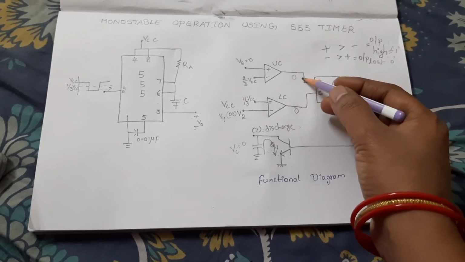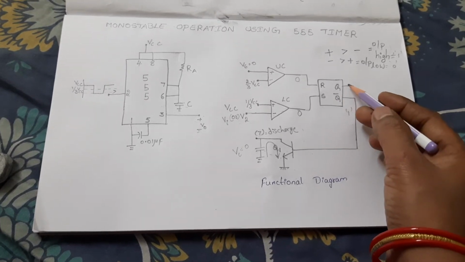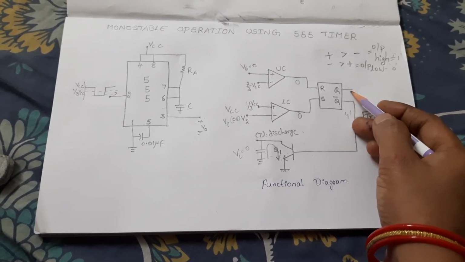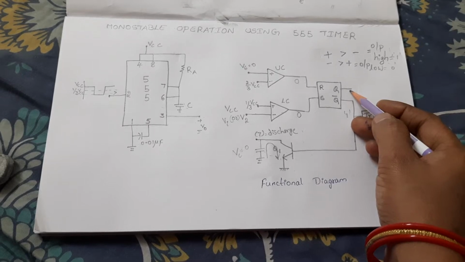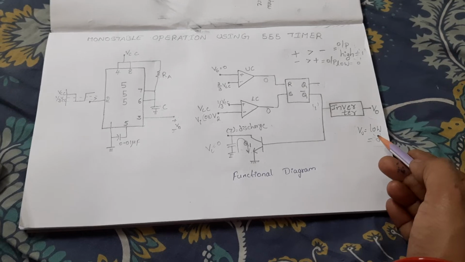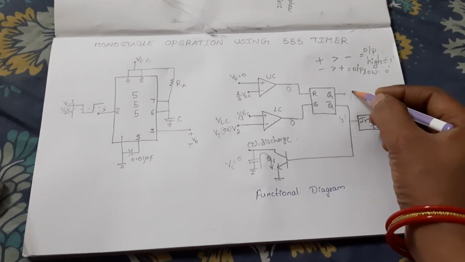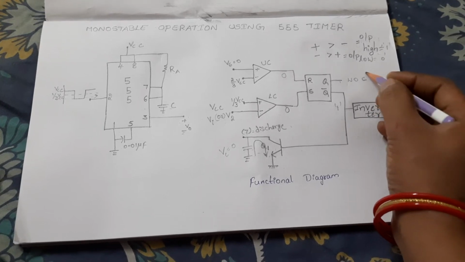When R is 0 and S is 0 for the RS flip-flop, the output Q will be the previous state. Our previous state is the output low state, so there is no change in the output.